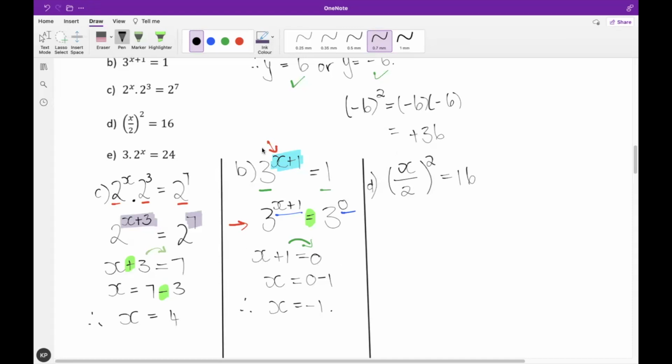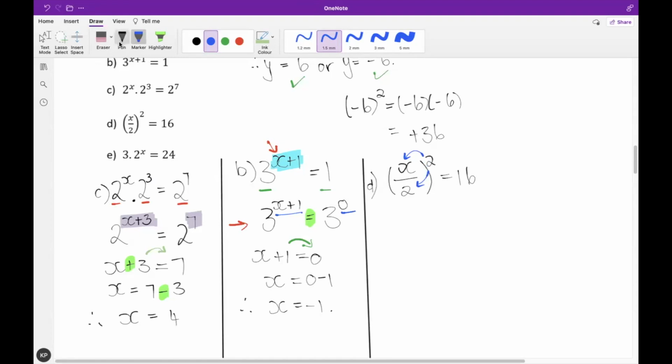Is there any other way we can solve this though? I'm going to go ahead and go with Botlhale's idea of distribution, right? We have two bases, an x and a 2, in brackets and an exponent outside both of them. So we distribute. That means this 2 will be distributed to the x and to the 2 in the denominator.